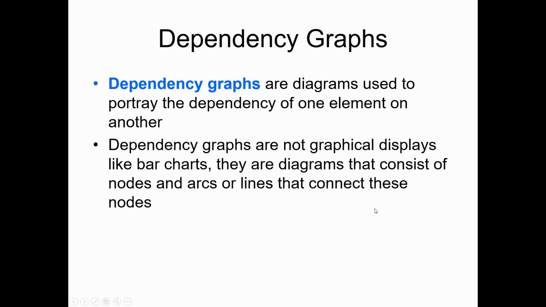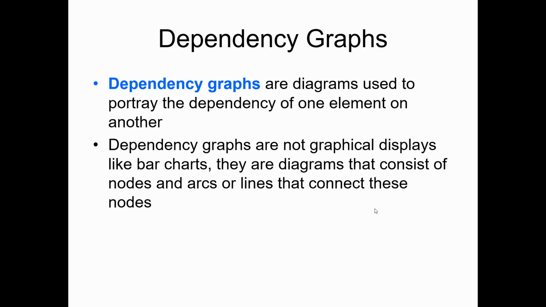Another tool that we can use when redesigning or trying to understand a database is a dependency graph. Dependency graphs are diagrams used to portray the dependency of one element on another. They are not graphical displays like bar charts or histograms.